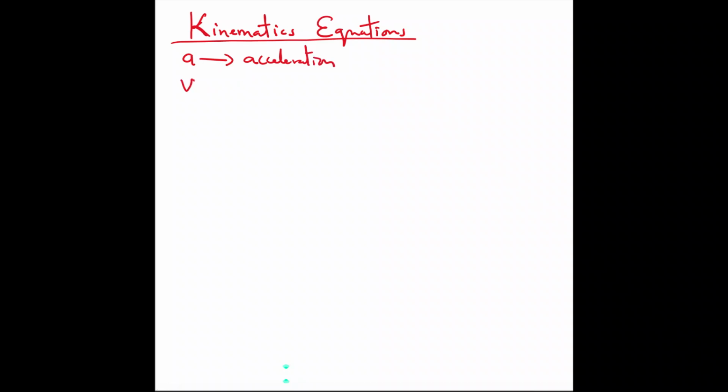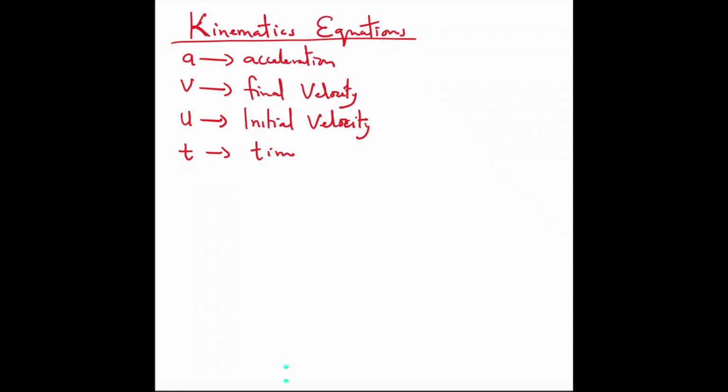We have V for final velocity. U will represent initial velocity. T will represent time. And S will represent displacement.